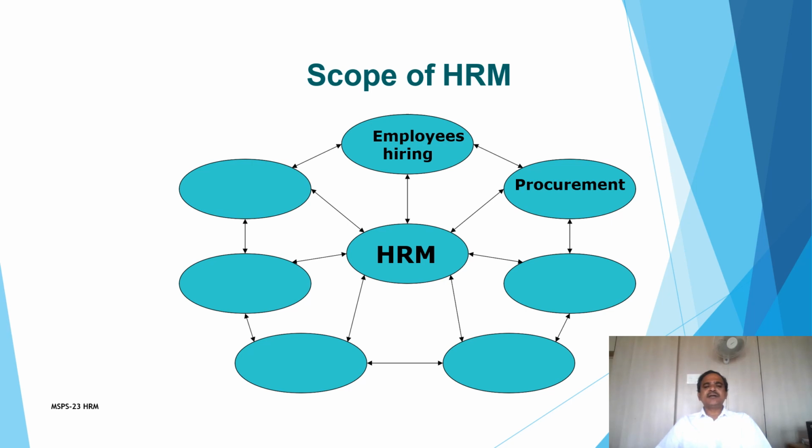Procurement is a very important aspect under employee hiring. This procurement consists of manpower planning, recruitment, and selection. So we have to ensure the right man for the right job under these three functions. Recruitment is general: we have to motivate potential incumbents to apply for the notified organizational position.